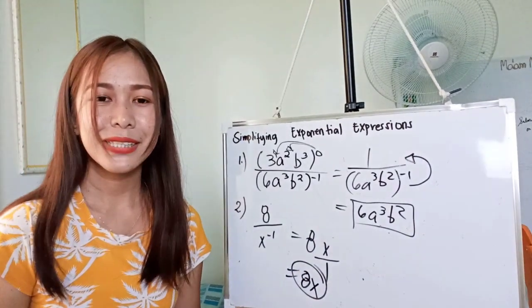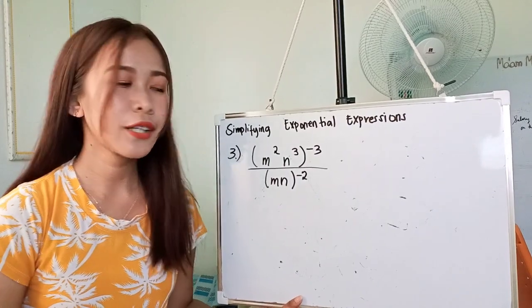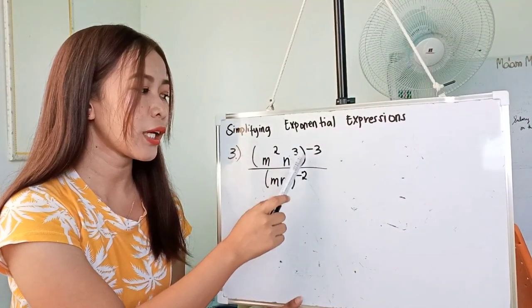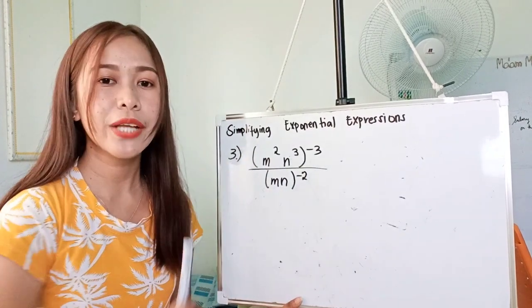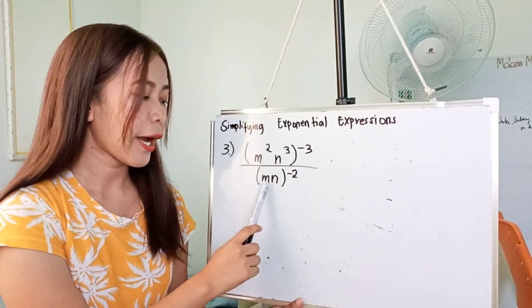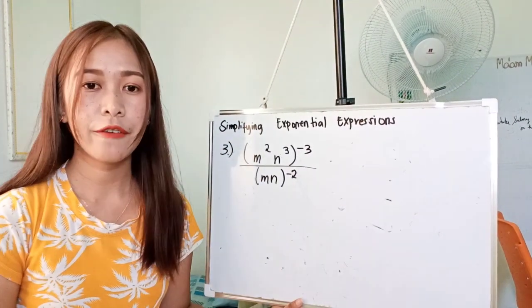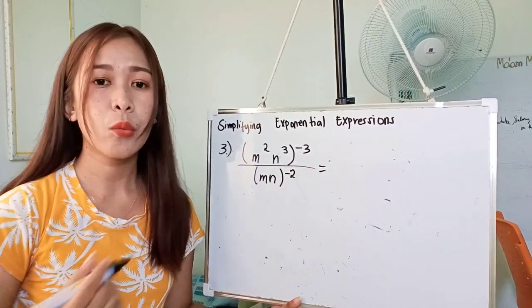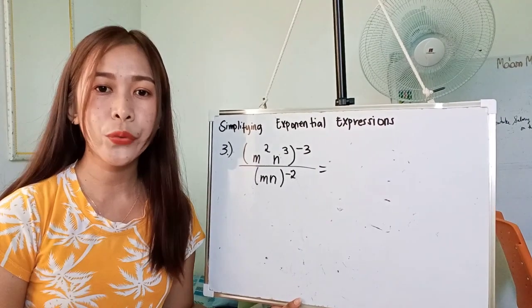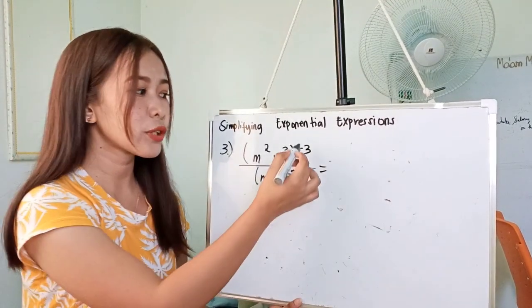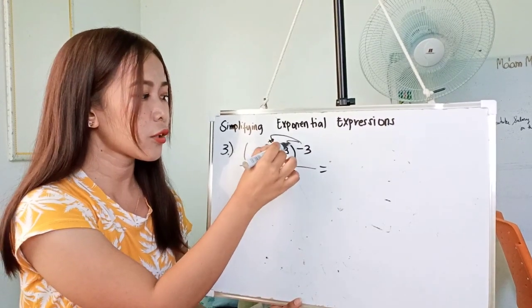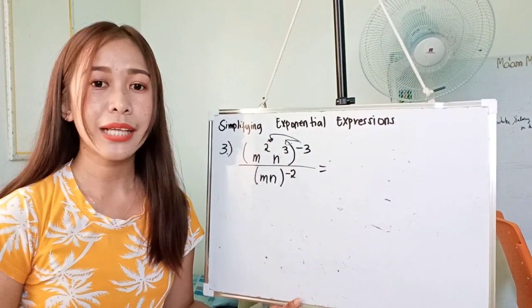And ganun lang kasimple. Now, we have here our example number 3. We have m squared times n raised to 3, of course, parentheses, raised to negative 3 over m times n raised to negative 2. So, itong ating numerator is under the power of a power rule, wherein kailangan mong i-multiply or i-distribute itong nasa labas na exponent dito sa mga exponent na nasa loob.